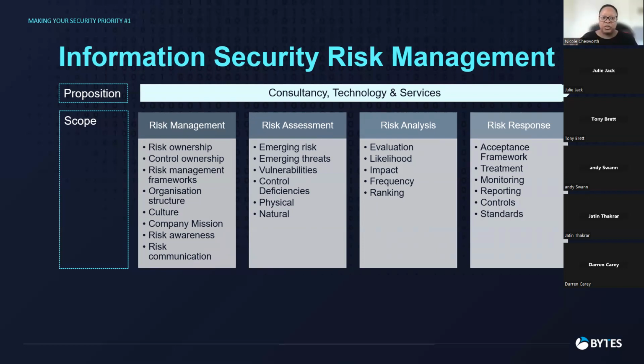So when we say emerging risk, this might not necessarily be IT related, but security related risk, nowadays, climate change risks, if you're in places susceptible to floods and things like that. So physical and natural risks, and obviously wars now as well around the world. So there's a number of different risks and emerging threats, so to speak, that you could be evaluating to understand where you sit today.